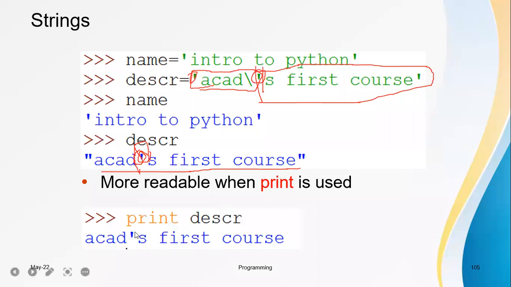You can see that the output gives no change, because I used the slash. Is it clear? That is why a backward slash is used.